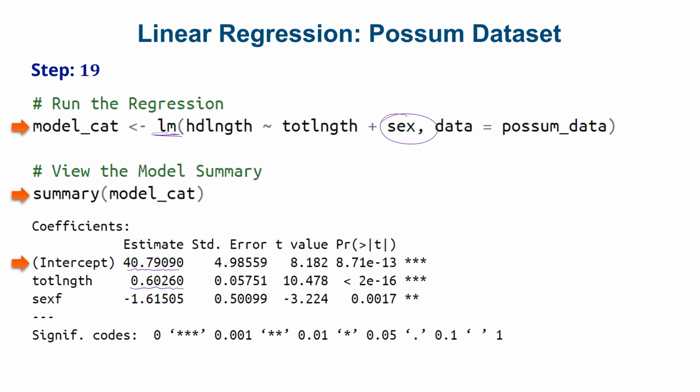The coefficient sexf has a value of minus 1.61, which explains that controlling for body length, on average, female possums have heads that are 1.61 centimeter shorter than males. This difference is statistically significant at p-value equal to 0.017, which indicates that sex is an important predictor.